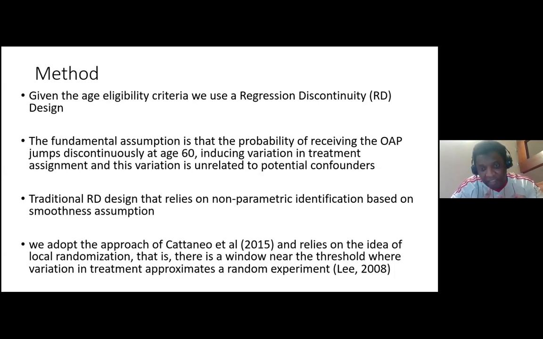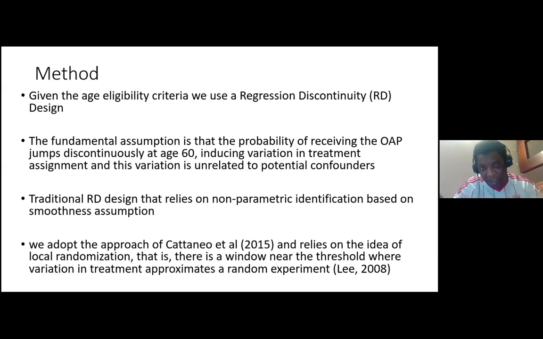The way the approach works is that one difficulty with the conventional RD design is that you have a trade-off between the bias of your estimate and the efficiency. You want as many observations as possible to make sure your standard error is valid, but to do that you have to move away from the threshold.